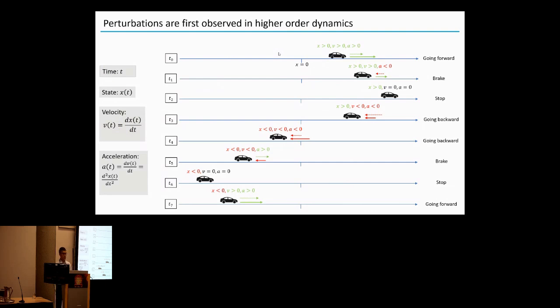We have all of these positive, we're going with positive acceleration, and then we push the brake pedal, and suddenly the first change we see is acceleration is negative, but x and v are still positive, and then we stop, and if we go backwards, the velocity starts to be negative, and finally the state becomes negative. As you can see, the order of effects of perturbation is from higher order dynamics to the lower order. So that's why looking in velocity space is much better than expression. So it's much more sensitive.